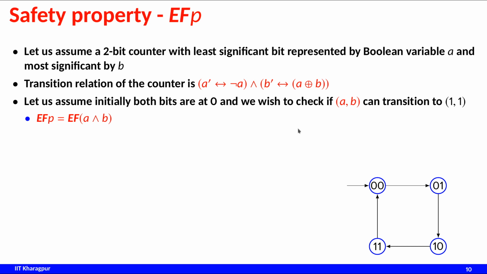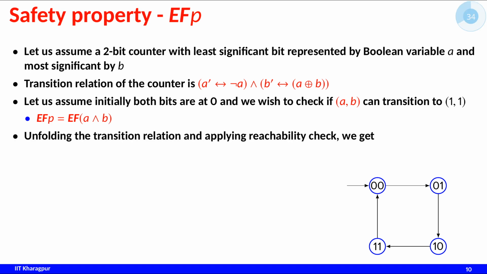Let us assume that initially both the bits are 0, and we want to check whether we can reach a state in which 1 1 will hold, or maybe I can say that A is 1 and B is 1 at that state. So does there exist any such state, which we can represent as EF P, and P is nothing but A and B. Fine.